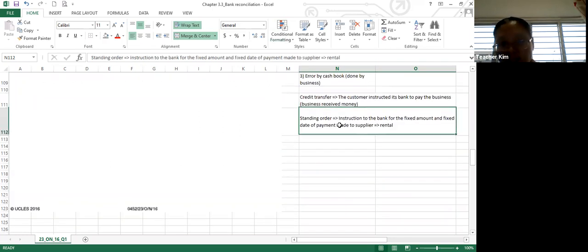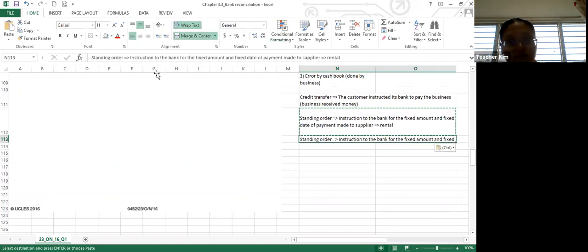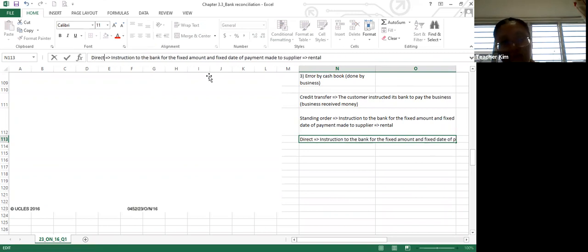Okay, the next one is direct debit. Direct debit is also an instruction to the bank, but the instruction is given to the supplier.